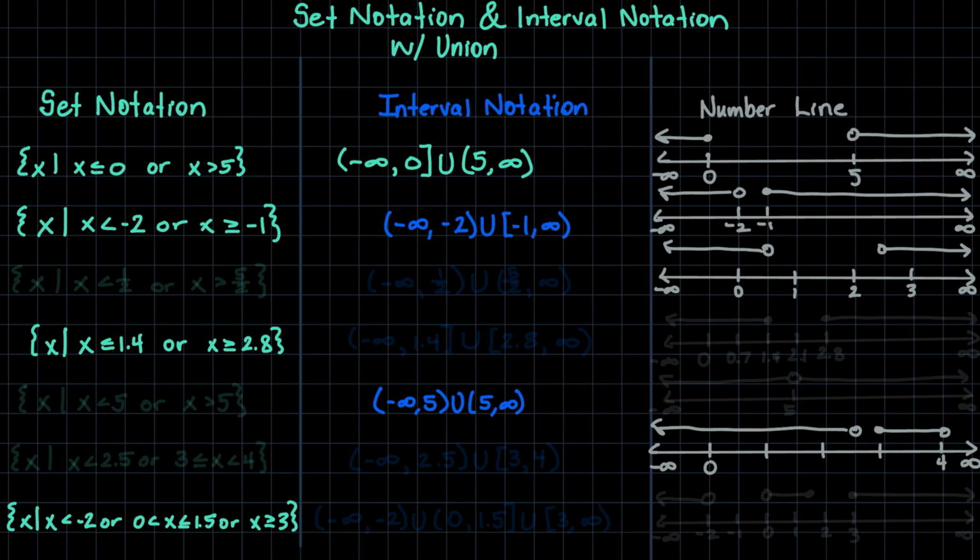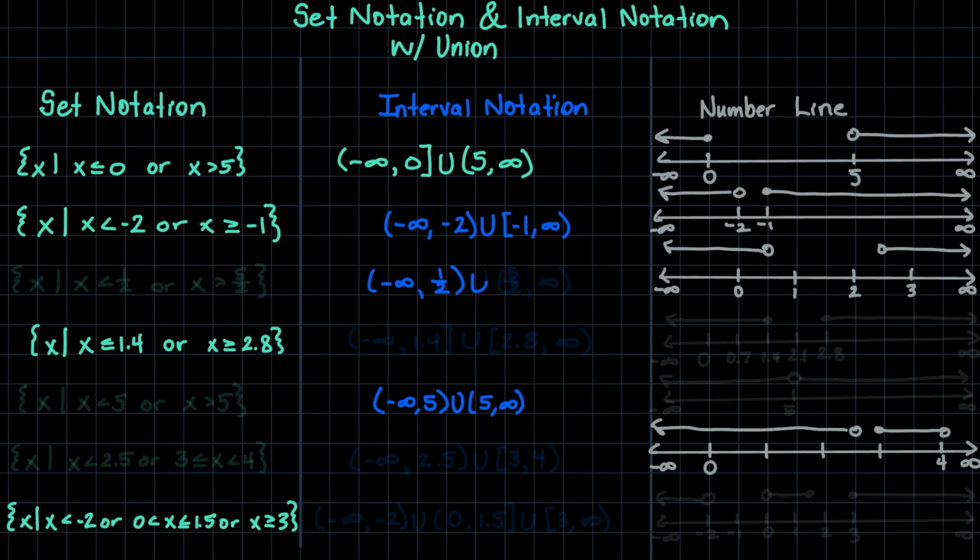Okay, next we have a number line. We have an arrow going to the left, so we know that's negative infinity. We have to figure out where we stop. Halfway between 0 and 1 is 1 half, and it is not included, so it gets a parenthesis.